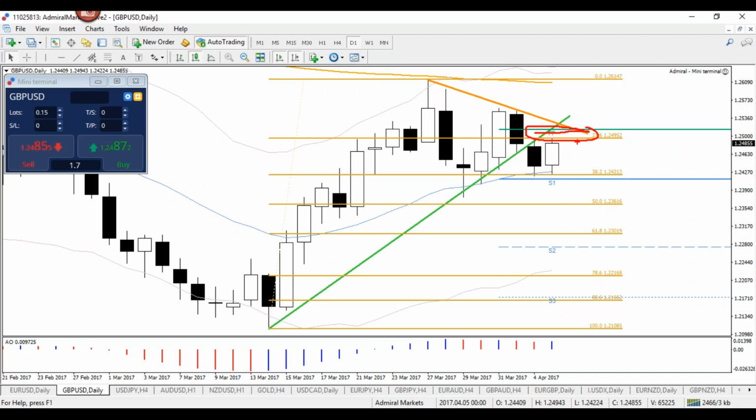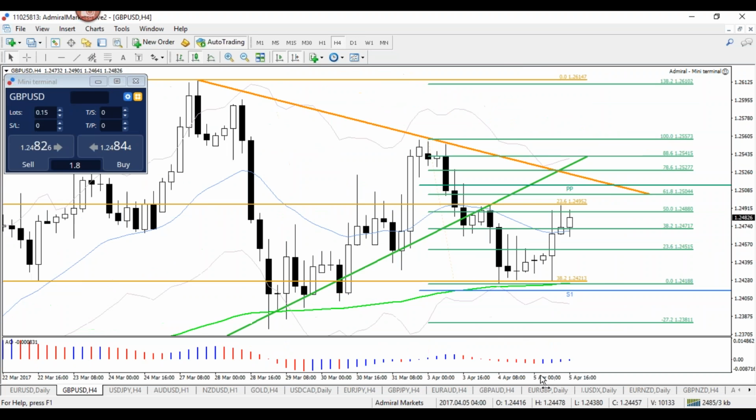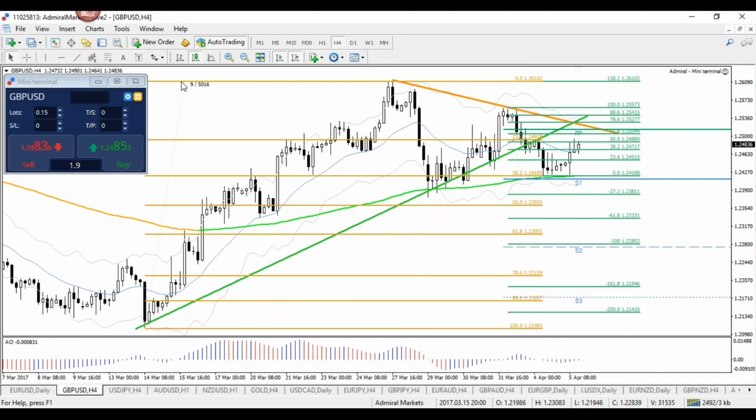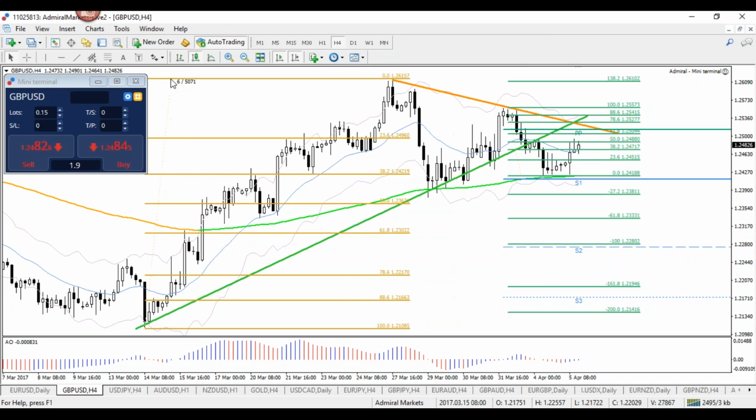I would be, at this moment, really okay with looking at both a bounce or break. So I would be open to looking at this daily candle and seeing how it reacts to this weekly pivot point. That's one thing. On a 4-hour chart, basically, I'm trying to establish if a break or bounce is happening here.